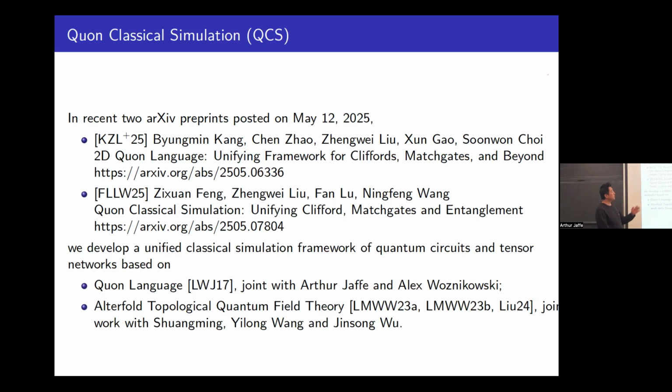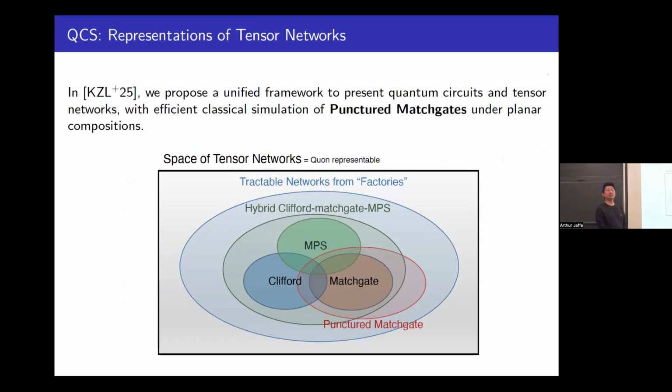And in the first paper, we talk more about the presentations of tensor networks using the QL language. Since the Clifford and the match gates together are universal, we can represent all kinds of tensor networks using those Clifford and match gates. So all tractable networks from factories, or everything we found interesting, are there, and then we can find this hybrid Clifford match gate, match complexities.